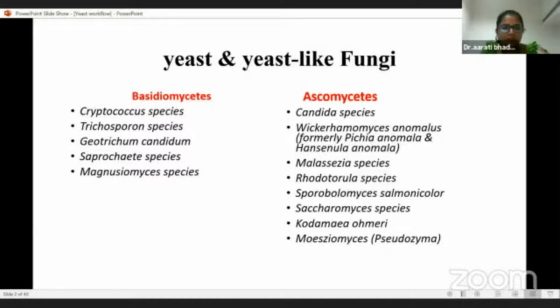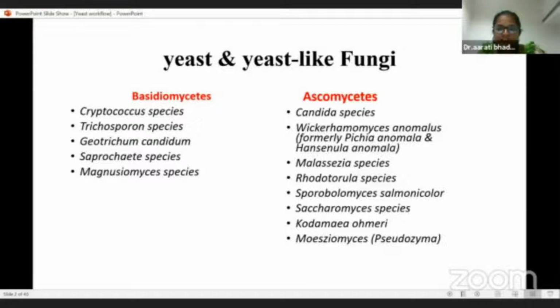In the Basidiomycetes, the following species are there: Cryptococcus species, then Trichosporon, Geotrichum, Saccharomyces, and Magnusiomyces species. These are included in the Basidiomycetes yeast. In Ascomycetes yeast, there are Candida species, Saccharomyces anomalus, which was formerly known as Pichia anomala and Hansenula anomala.